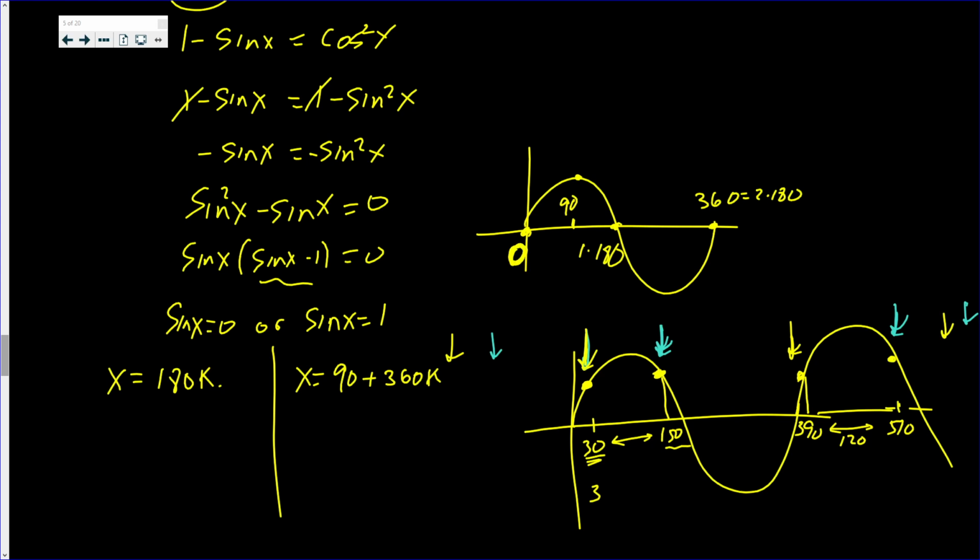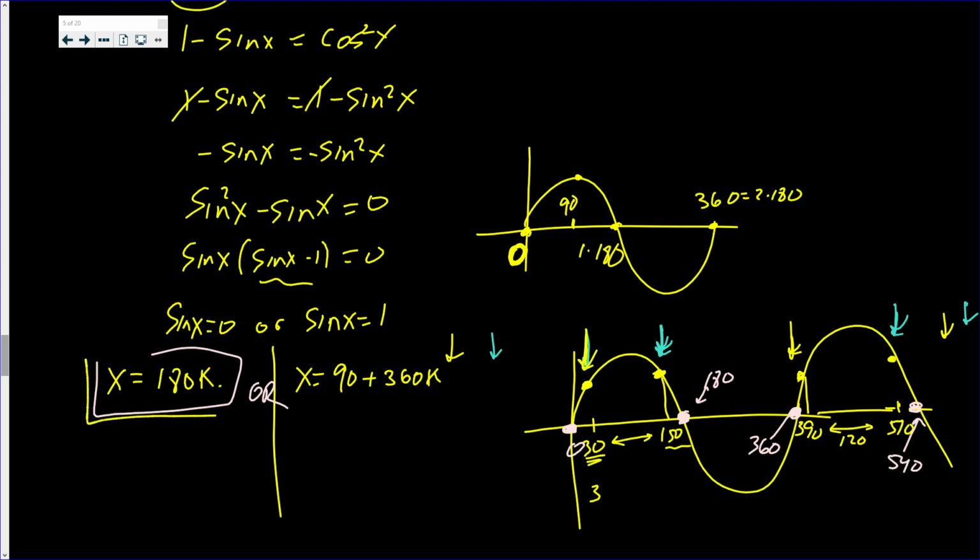But in our case, they're all exactly 180 apart. 0 times 180, 1 times 180, 2 times 180, 3 times 180: 0, 180, 360, 540, etc. So I was able to just say 180k, or 90 degrees plus 360k.